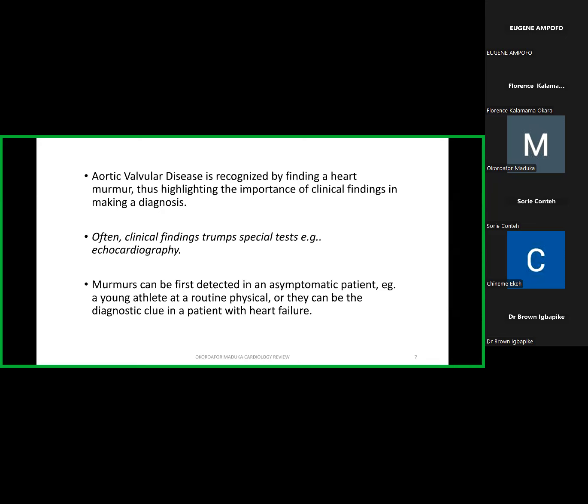Aortic valve disease is recognized by finding a heart murmur. Thus, this highlights the importance of clinical examination in every patient. The murmur can be first detected in an asymptomatic patient, for example, a young athlete, or on a routine physical examination.